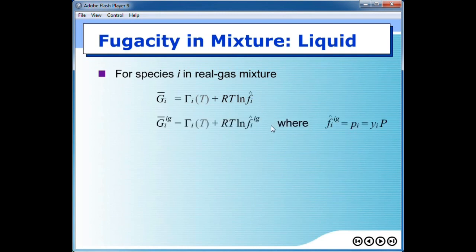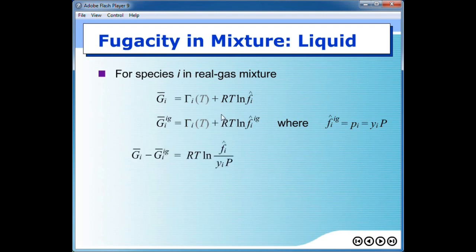And then if we apply this equation to the ideal gas mixture, we just put the superscript IG on the whole equation. You get this equation, and under the special circumstance of an ideal gas mixture, the fugacity of species i becomes the partial pressure of that species i.